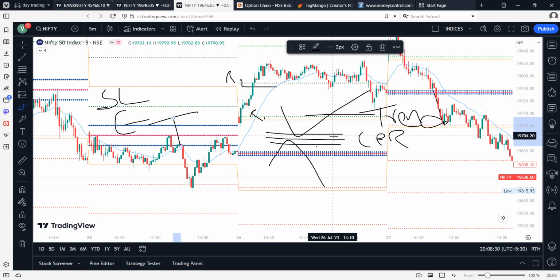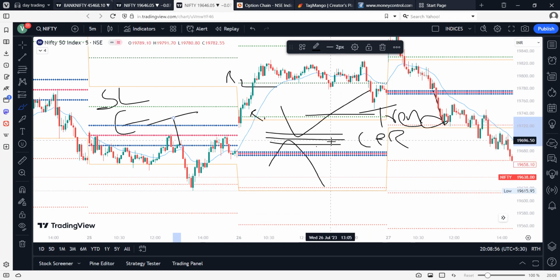You bargain with that person and get it for a good price. That good price in the stocks or index is called taking the trade at the CPR. Now, this is the one strategy we are going to test on Nifty from July 1st to July 29, and you're going to see how much return you are going to get on that amount. Okay, now this is the strategy.